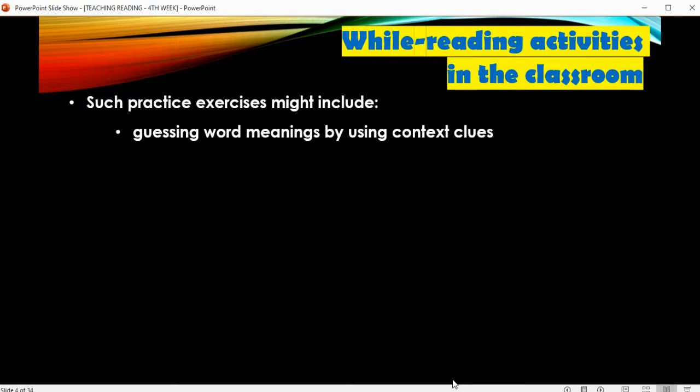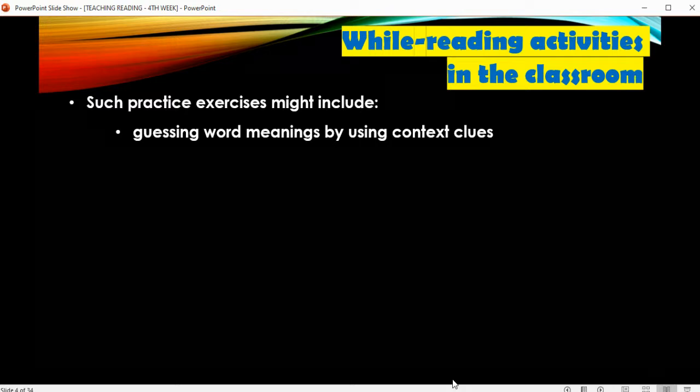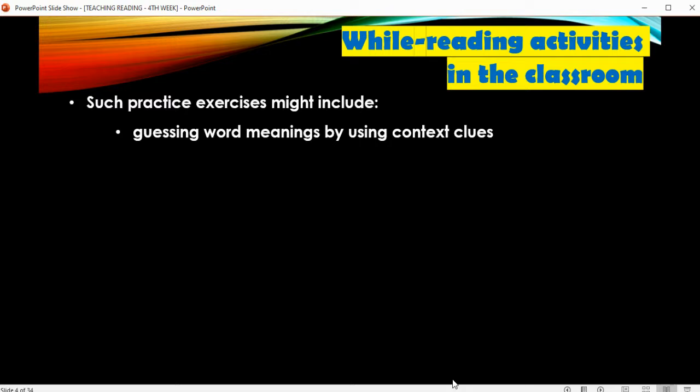So they must use the other words, the words around that word. So it means by using context. They have to use the context, not the dictionary. All right. So that's why we are going to develop here in our students this kind of guessing, decodifying the meanings through the context.